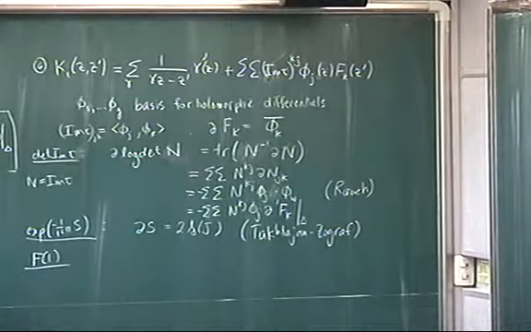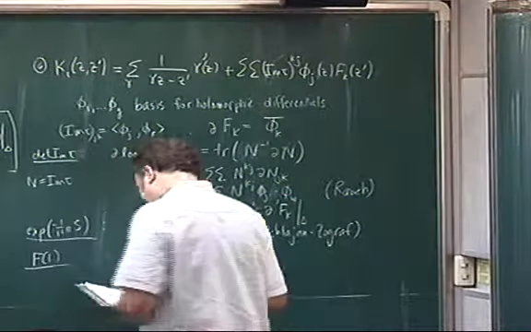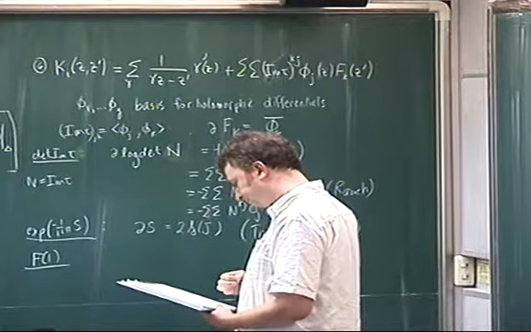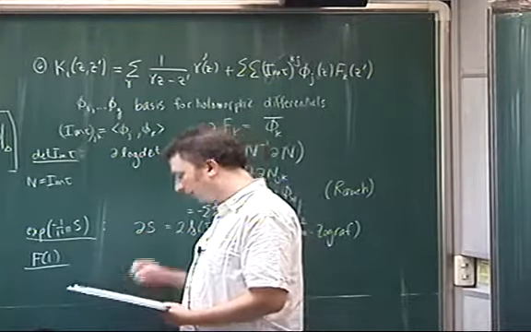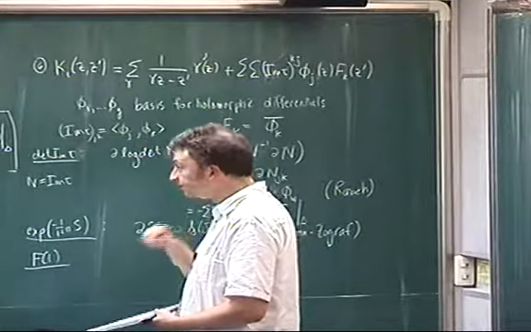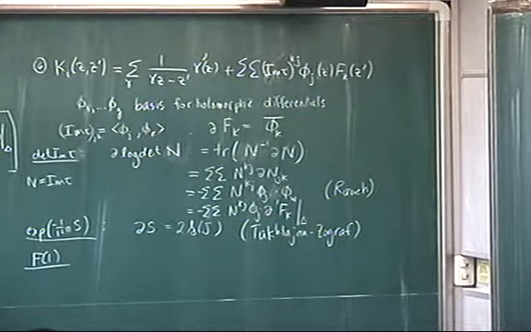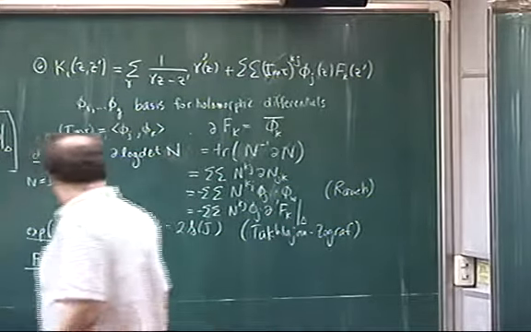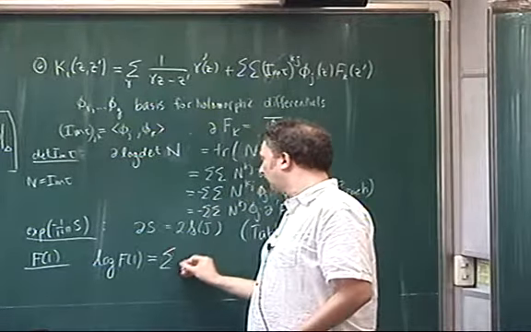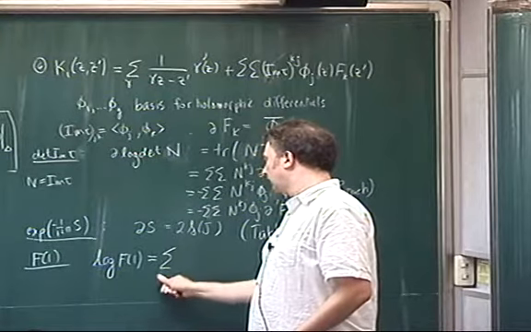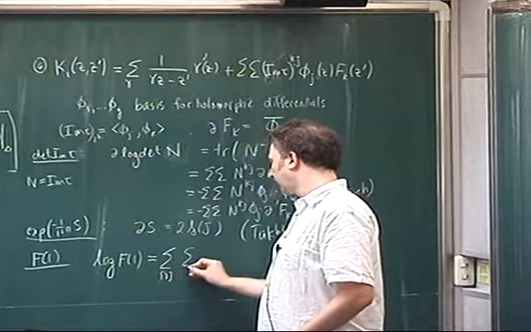And so then the remaining thing is the function F of 1. The log of F1 is a sum over gamma, sum over n.